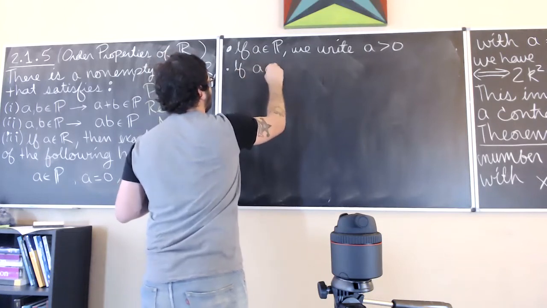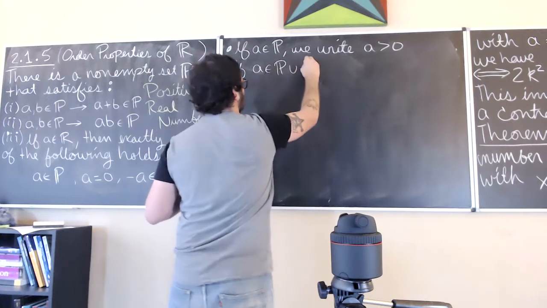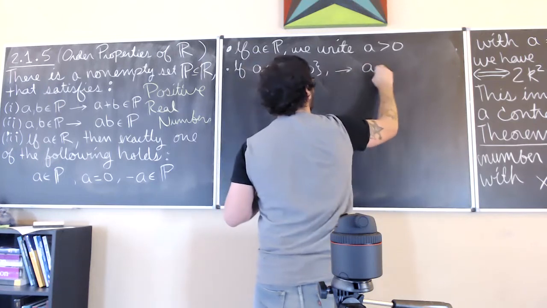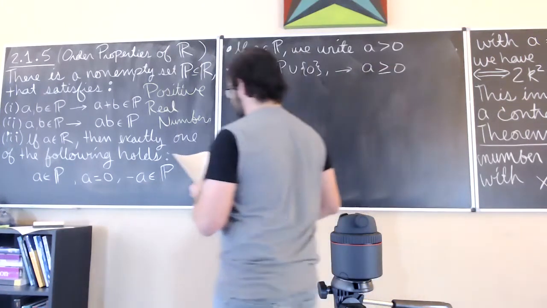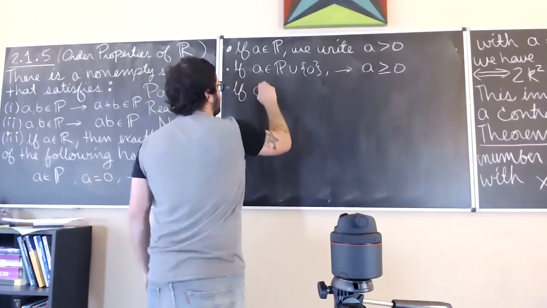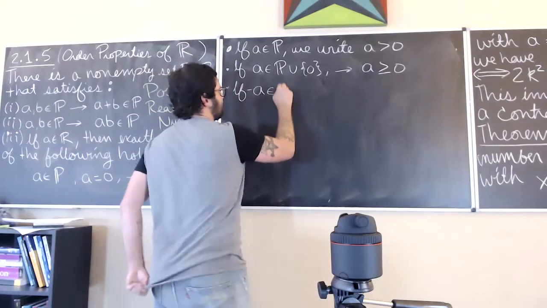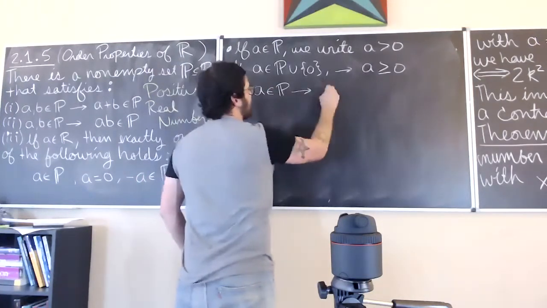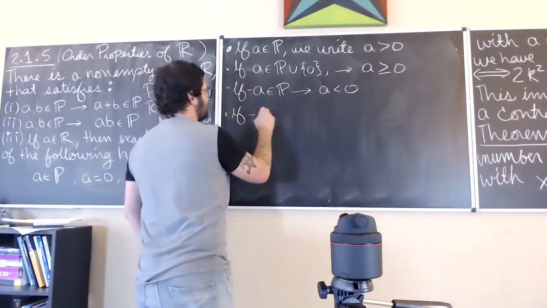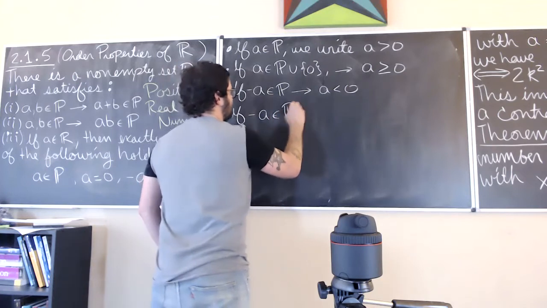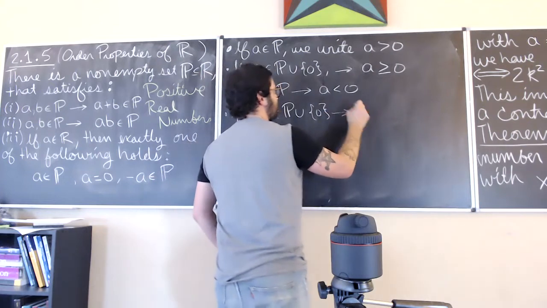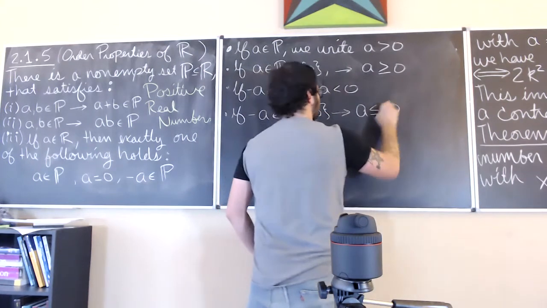If A is an element of P union 0, we write A greater than or equal to 0. If negative A is in P, we write A less than 0. And finally, if negative A is in P union the set with 0, we write A is less than or equal to 0.